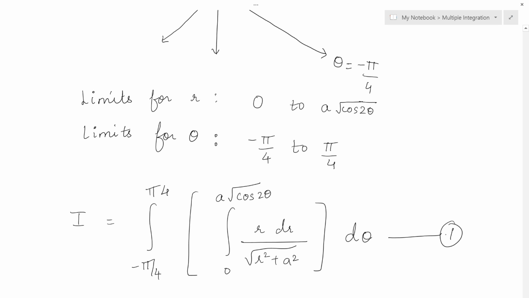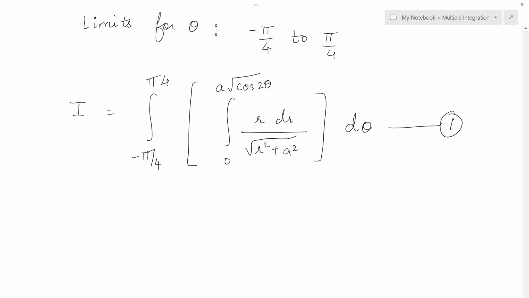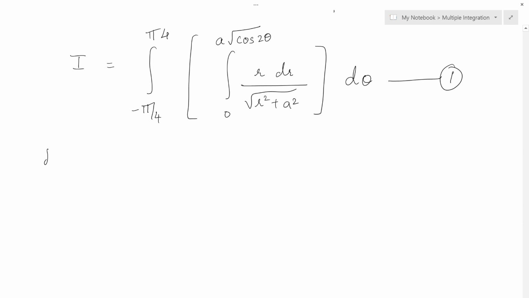The integrand is a bit difficult, so I'll do I1, I2 for this. If you want to do it directly, obviously you're free to do it directly, that will be easier anytime. 0 to a under root of cos 2 theta, r under root of r square plus a square dr.